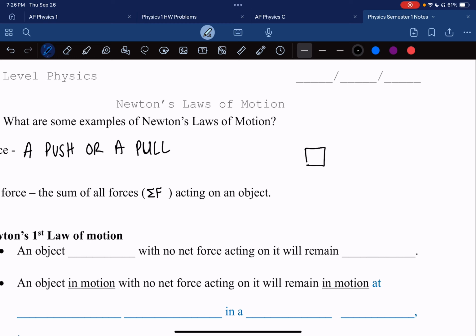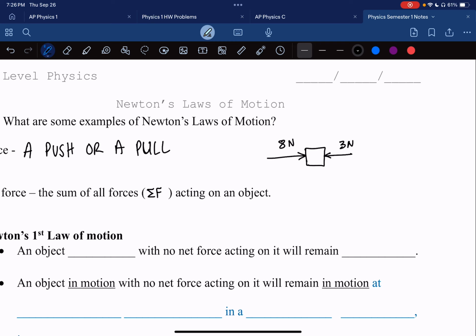Okay. What about another small example here? What if I have a box and somebody is pushing on it this way with 8 newtons of force, and someone pushes over here with 3 newtons of force? What is the overall sum total of the forces on the box? It is not 11 because we had to take direction into account. 8 newtons is pushing this way, 3 is pushing that way.